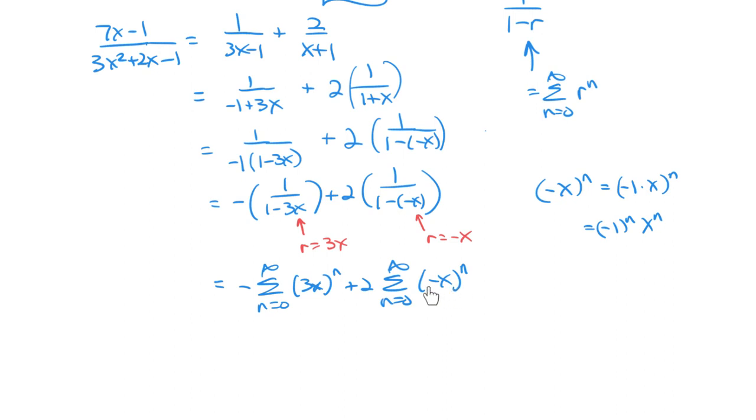So a lot of times you'll write it like that, but you wouldn't have to, okay? I probably would, since it's easier to see that it's an alternating series. So I'd probably write this as the sum from n equals 0 to infinity of 3x to the n plus 2 times the sum from n equals 0 to infinity of negative 1 to the n, x to the n.